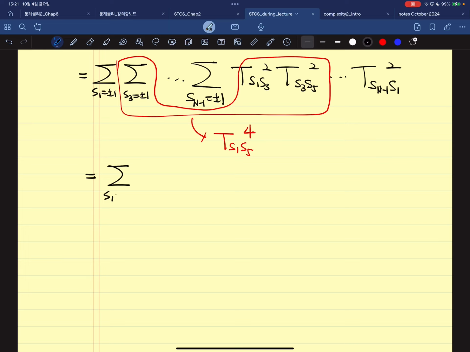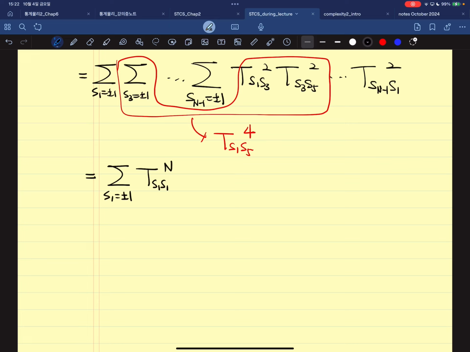The only remaining term is T Si Si to the power of n. You can verify it yourself. It's not quite straightforward, but if you follow this carefully, you can prove it.